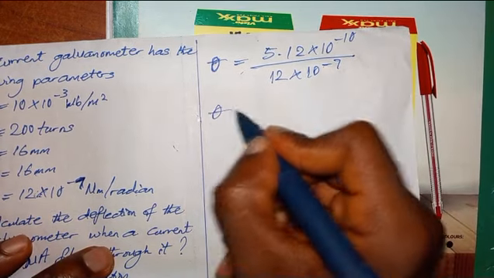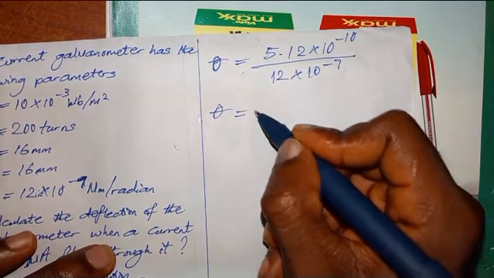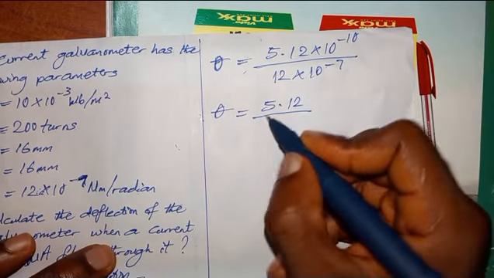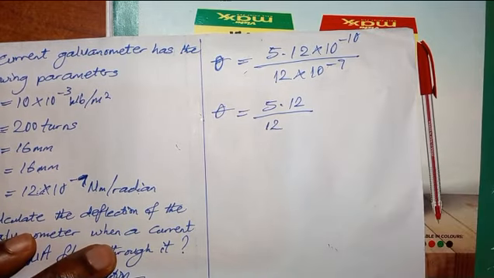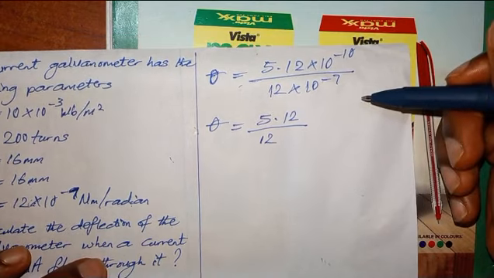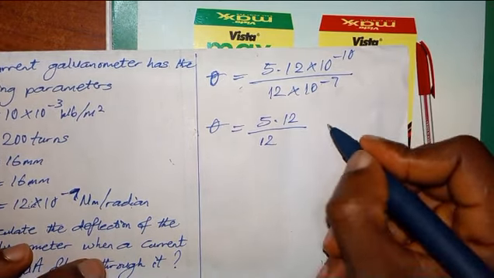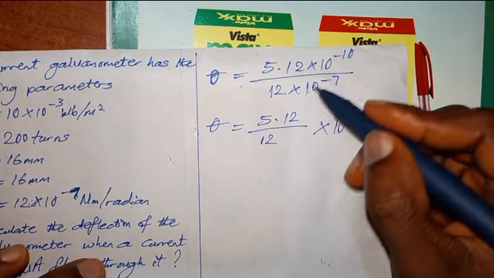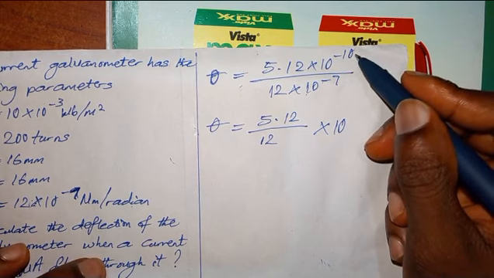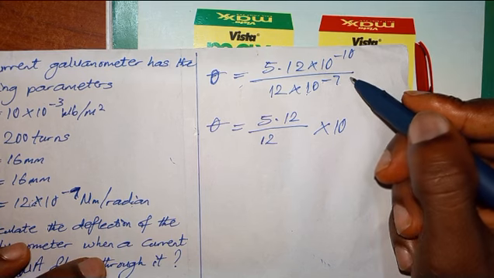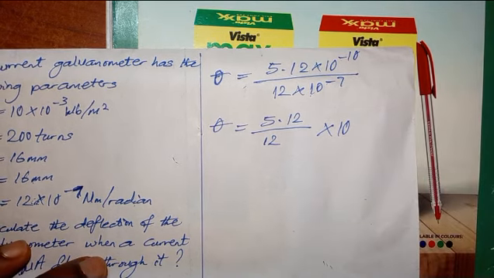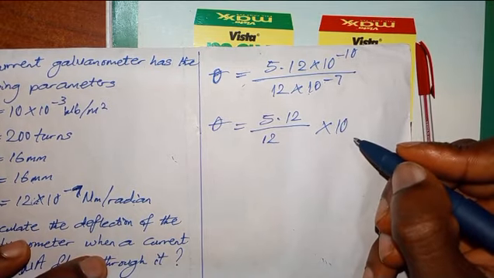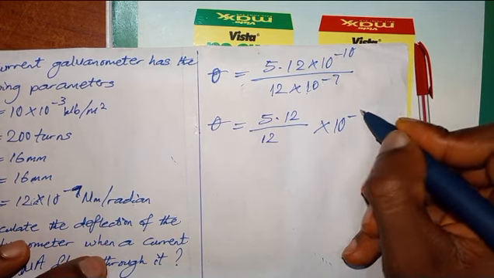So theta will be 5.12 divided by 12 times 10 raised to power minus 10 plus 7, that will be minus 3.